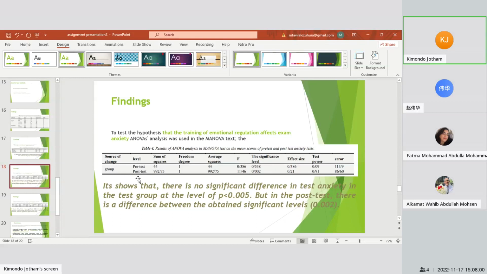But after the training, in the post-test, you can see the significance level of 0.02, which we can say means that emotion regulation training has an effect on the processing efficiency of the brain and the test anxiety.